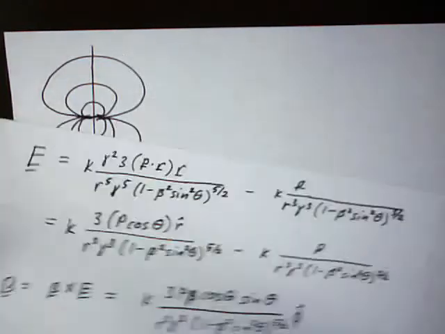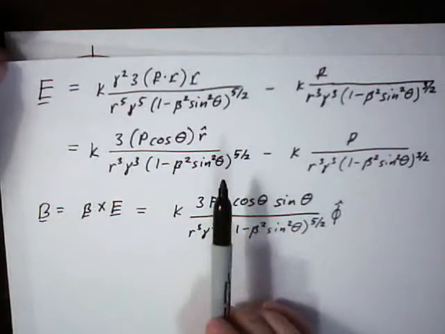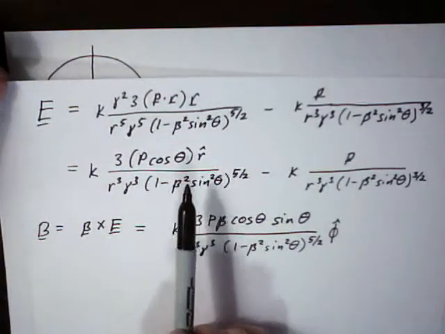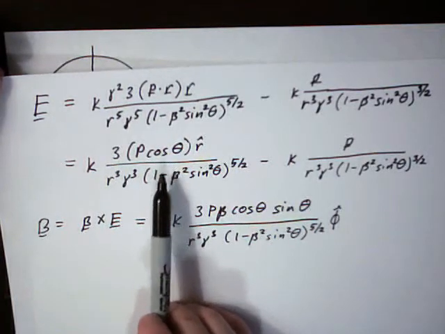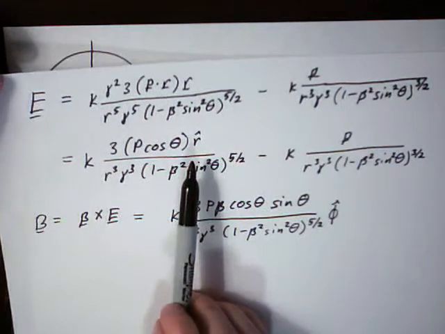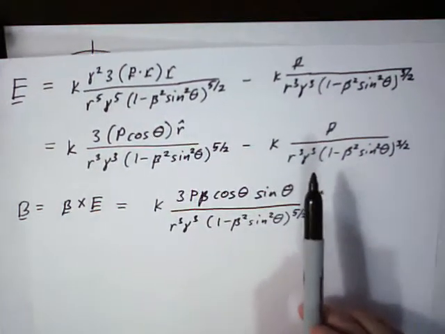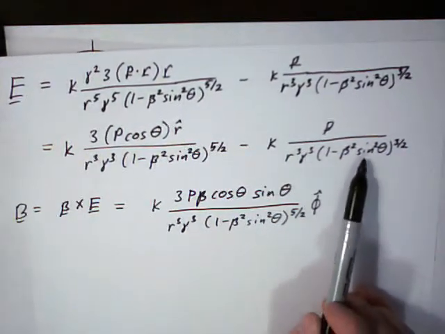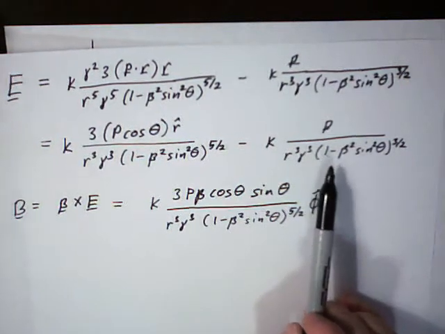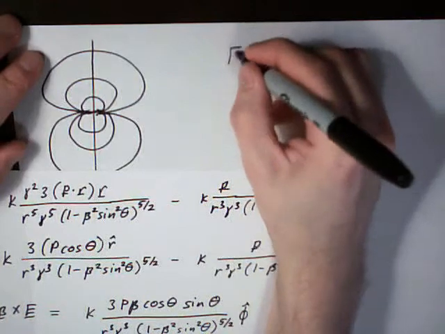And so if I go to my electric field here, this is at theta equals pi over 2. So cosine of pi over 2 is 0. So this doesn't matter. And all I get is this one. Sine of pi over 2 is 1.